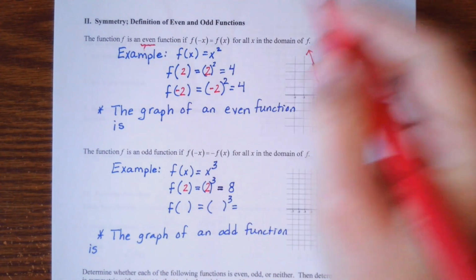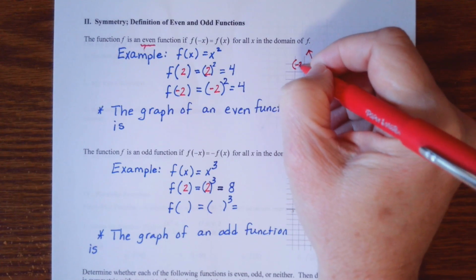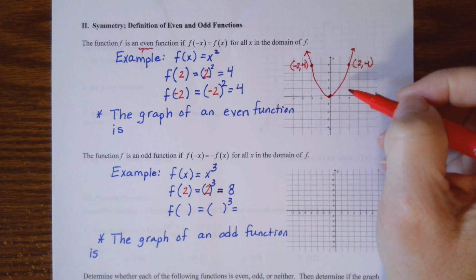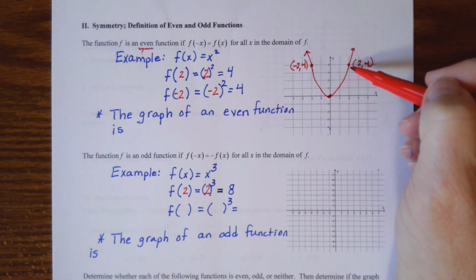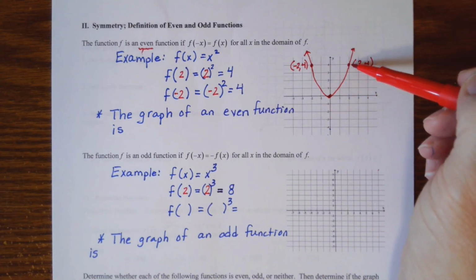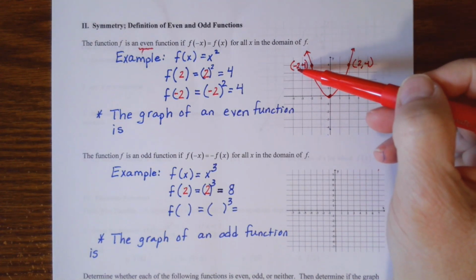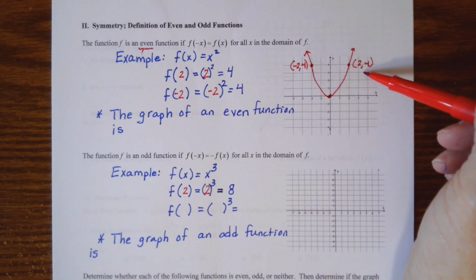I inputted 2, I got a 4. I inputted a negative 2 and got a 4. What I notice about this graph is that these are symmetric. Here's my original x, and then I did the negative x, but I still got the same answer.